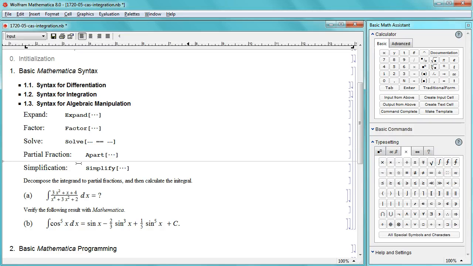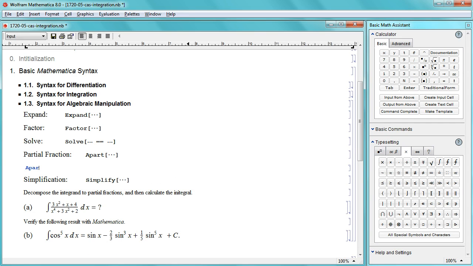Factor the denominator, set up the equation, and then do some algebraic manipulation, compare the coefficients, set up the system of linear equations. Oh my goodness, that's taking really a long time. But if you use the Apart command, you can find the decomposition by partial fractions rather easily.